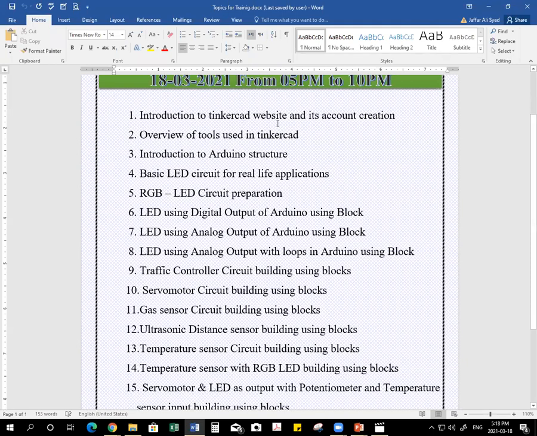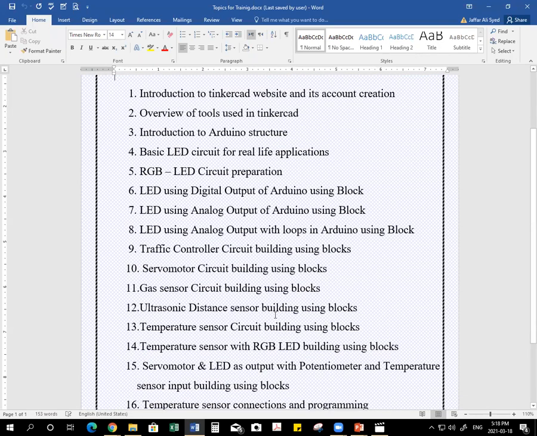That is introduction to the Tinkercad website and its account creation, overview of tools used in Tinkercad, introduction to Arduino structure, basic LED circuit for real life applications, RGB and LED circuit preparation, LED using digital output of Arduino using blocks, LED using analog output of Arduino using blocks, LED using analog output with loops in Arduino using blocks, traffic control circuit building using blocks, servo motor circuit building using blocks, gas sensor circuit building using blocks, ultrasonic distance sensor building using blocks, temperature sensor circuit building using blocks, temperature sensor with RGB LED building using blocks.